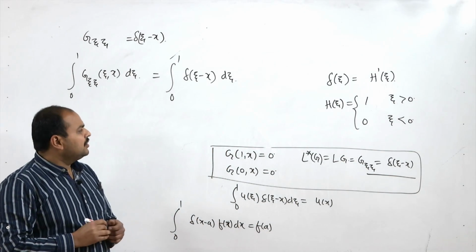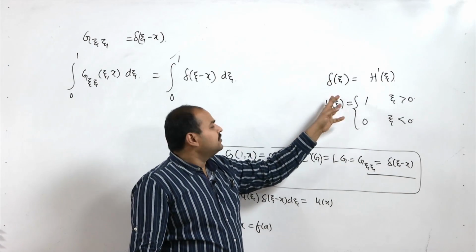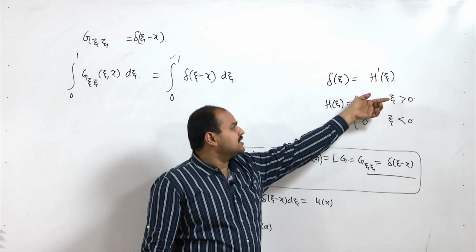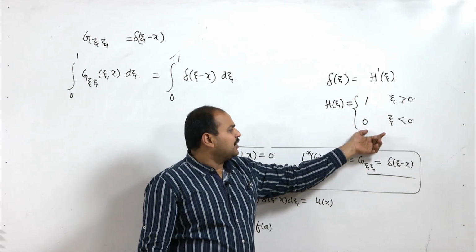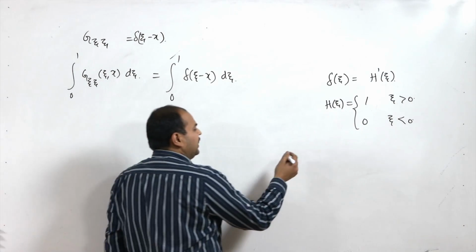This is available in any standard textbook of differential equations, that δ(ξ) is defined as H'(ξ), where H is the Heaviside function defined like this. There is a small hint for this particular problem.